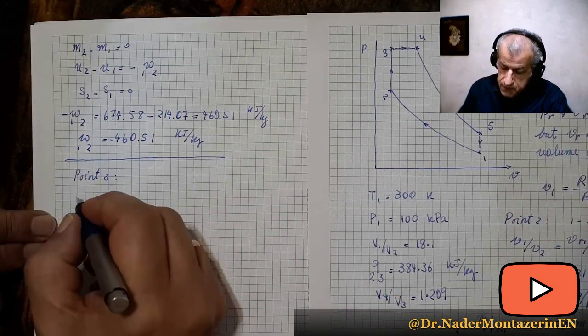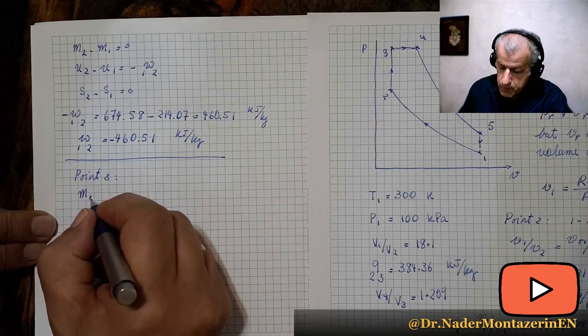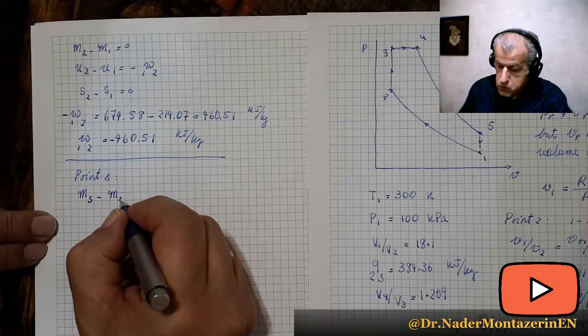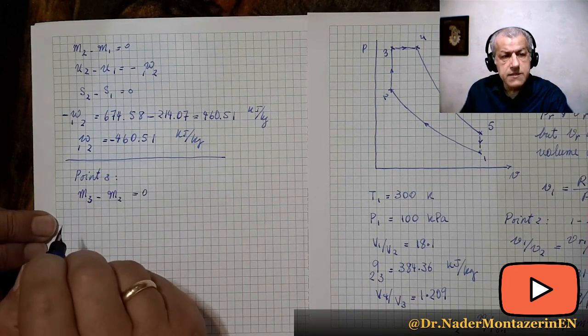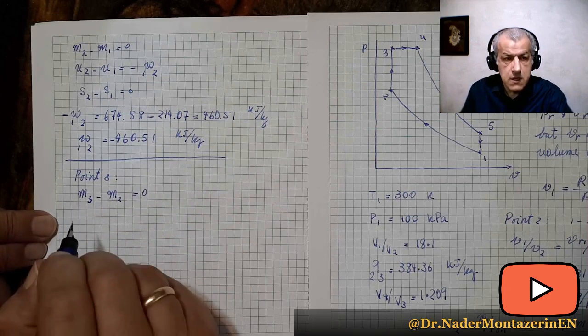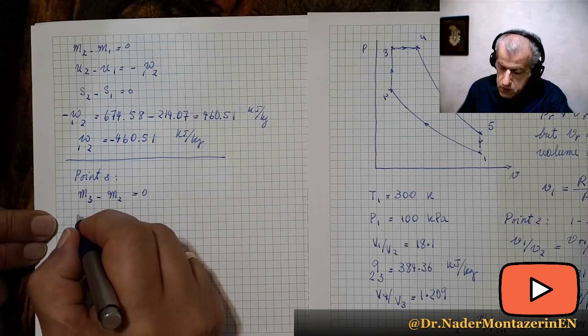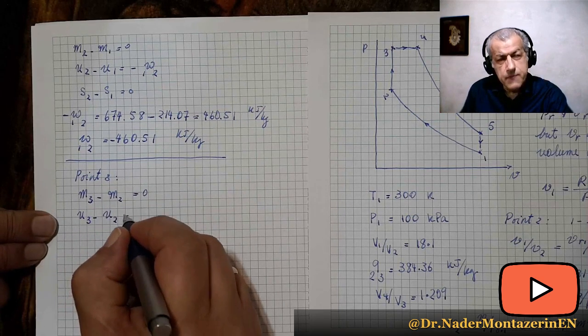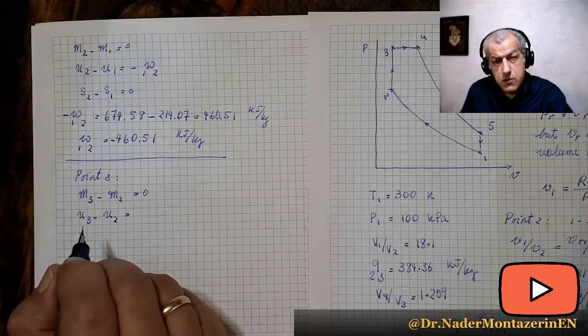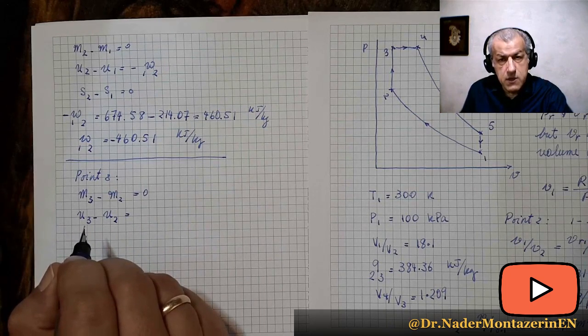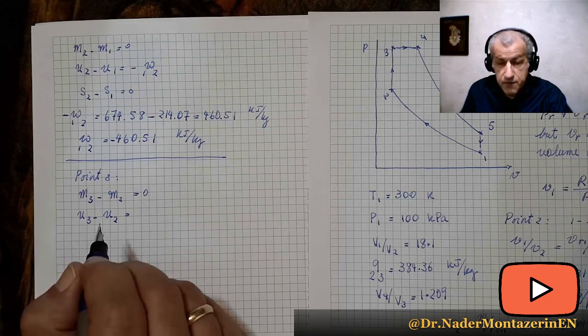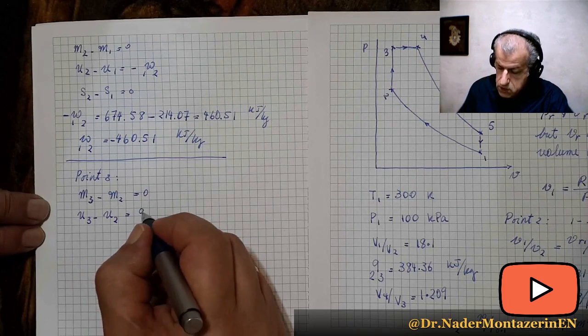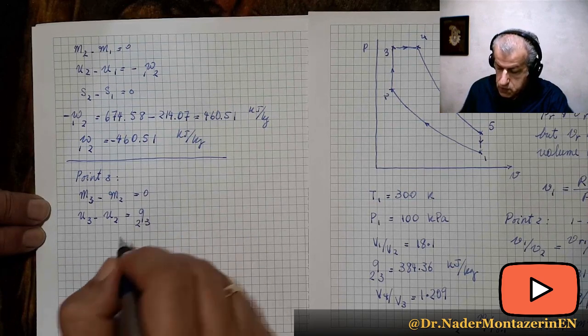For point 3, M3 minus M2 equals 0, which is the constant mass. U3 minus U2 equals, well, of course, there's no mass that enters or leaves, that's no problem, but there is no work because there's no movement between 2 and 3. Therefore, there is only heat, which is Q2,3.